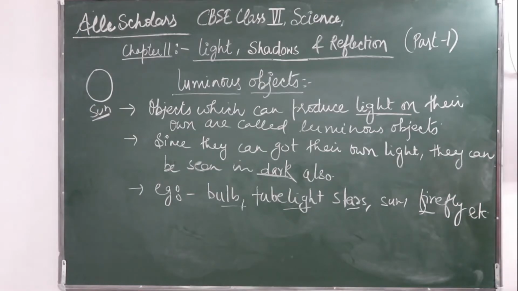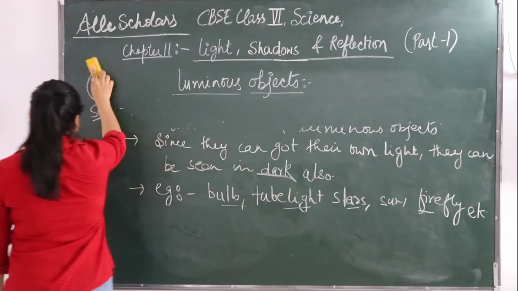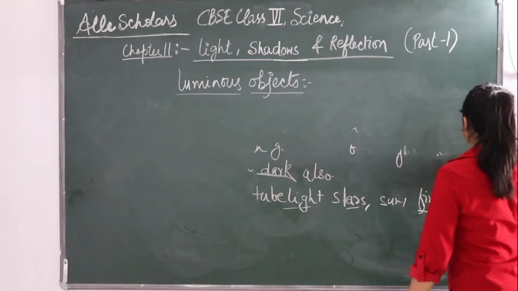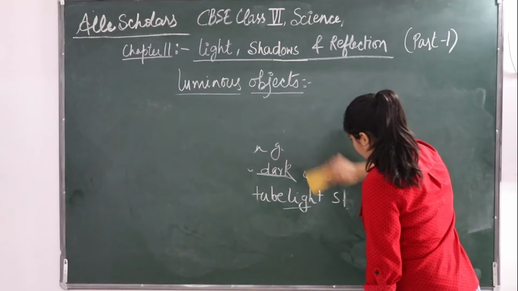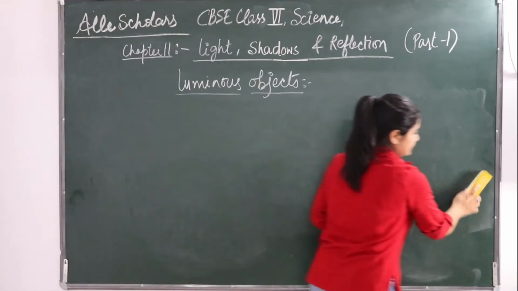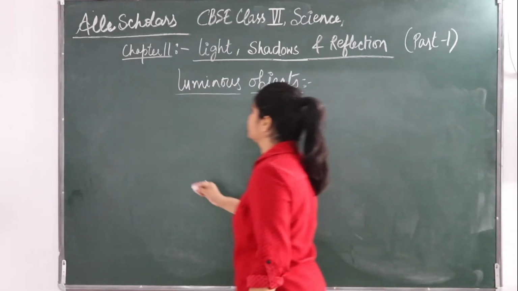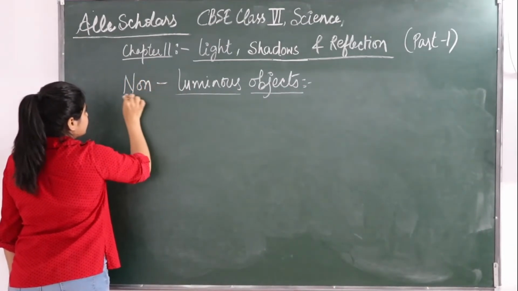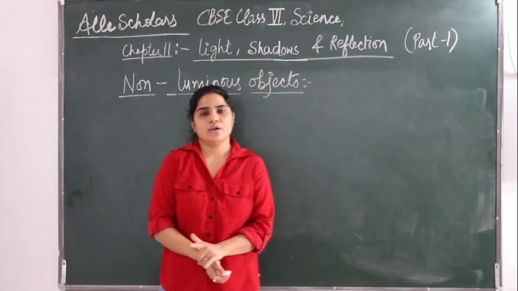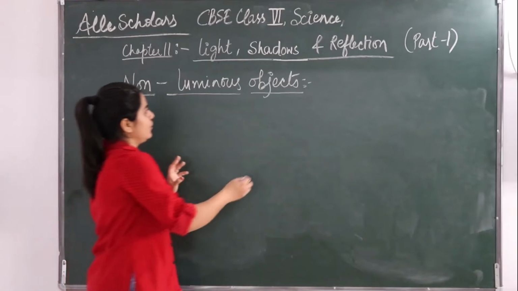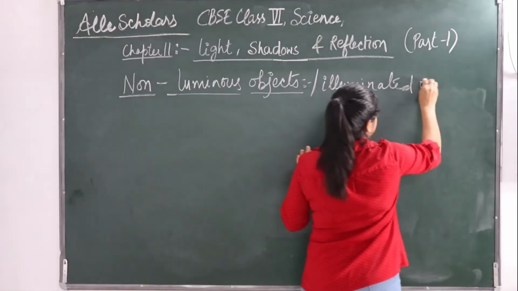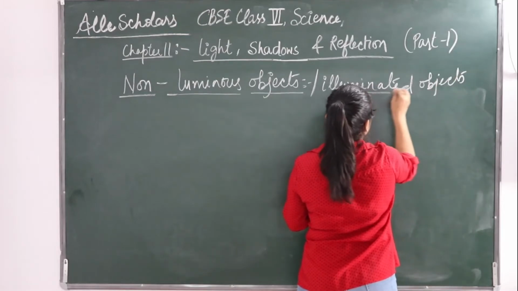Next comes the non-luminous object. Non-luminous objects are also called illuminated objects.